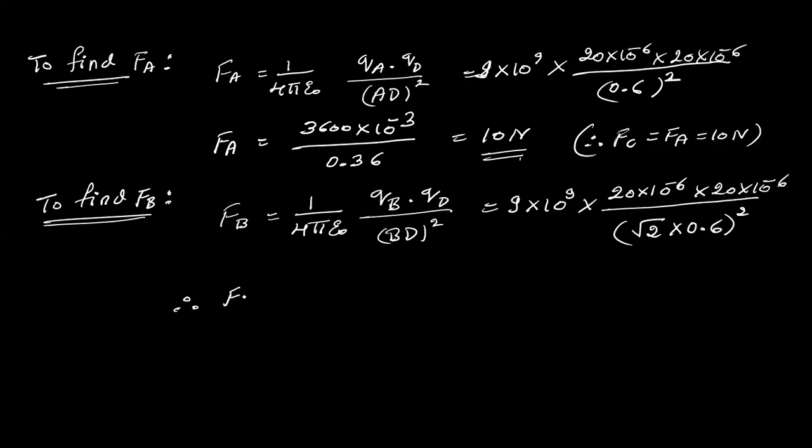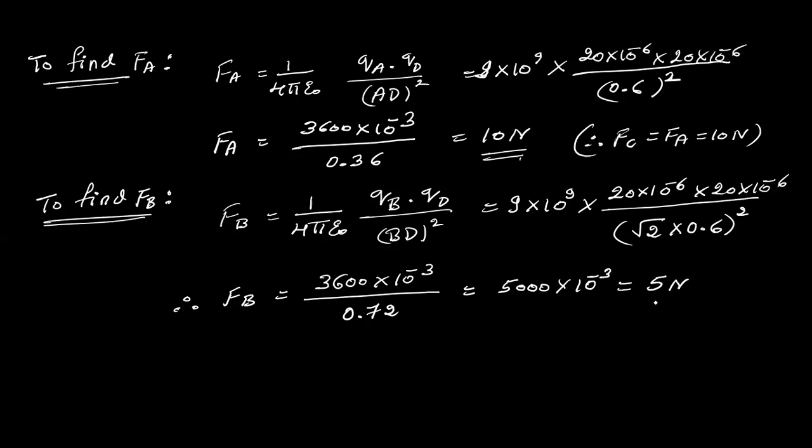Therefore, FB is 3600 into 10 power minus 3 divided by 0.72, which gives 5000 into 10 power minus 3, that is 5 Newton.